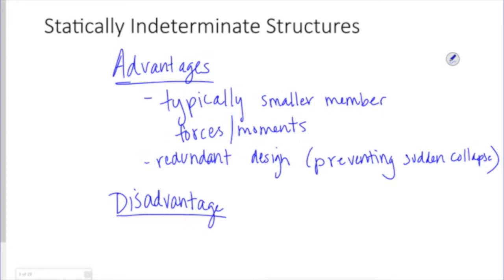Whereas if you just have a simply supported beam and one side settles a little bit more, well, okay, it's just rotating the beam a little bit as opposed to now it's pulling two sides of a beam down or one side down, right?